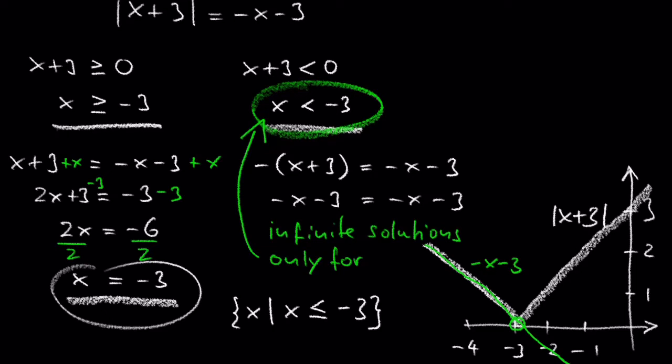But look to the left of negative 3. We have, let me call that infinite intersections, because the green graph covers the white graph. This also matches with our calculations that we have solutions for all values of x which are less than or equal to negative 3.